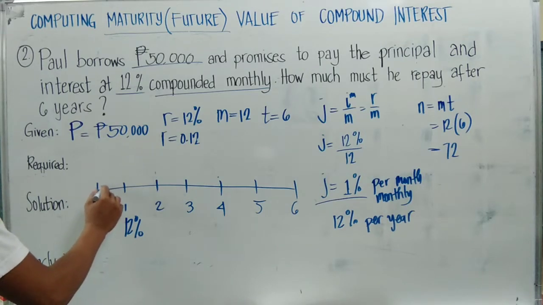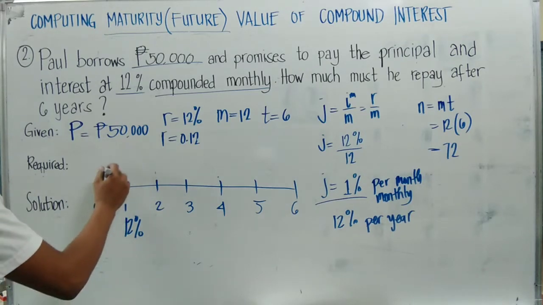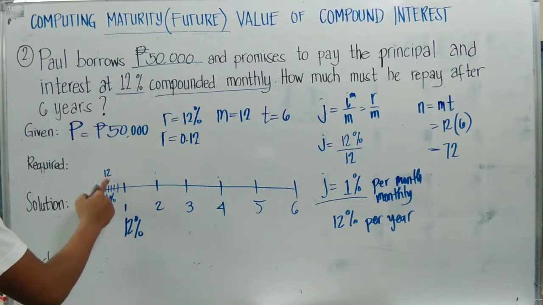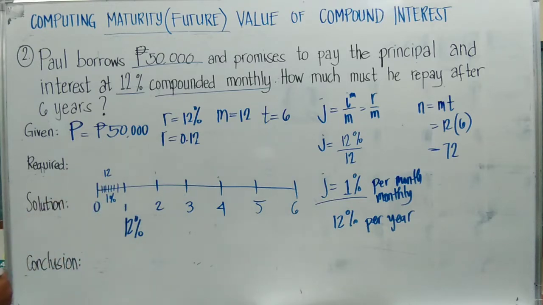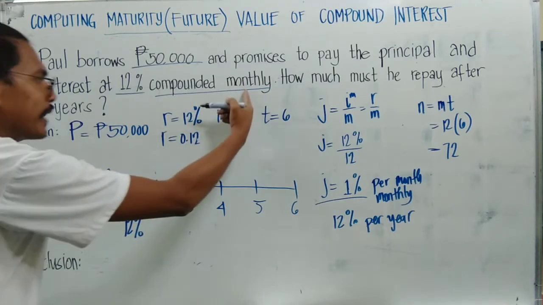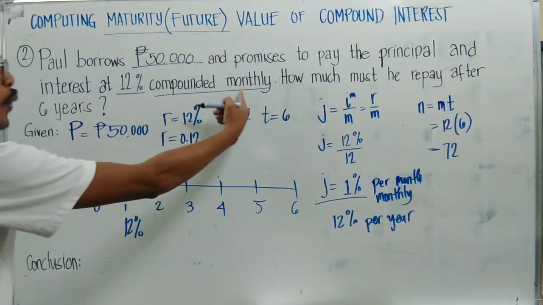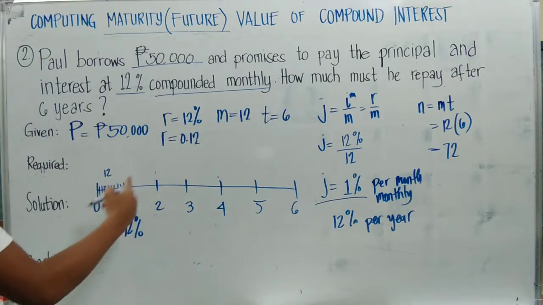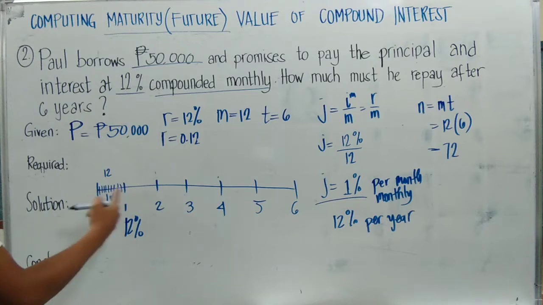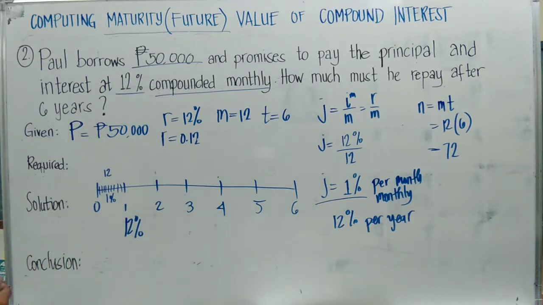Then let's divide each year by 12. So we have 1% per conversion period or per month. So we will be dividing each year by 12 because it is monthly. If it is quarterly, we will divide this by 4. If it is semi-annually, we will divide it by 2.